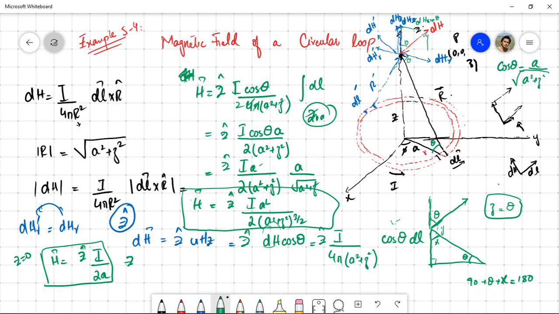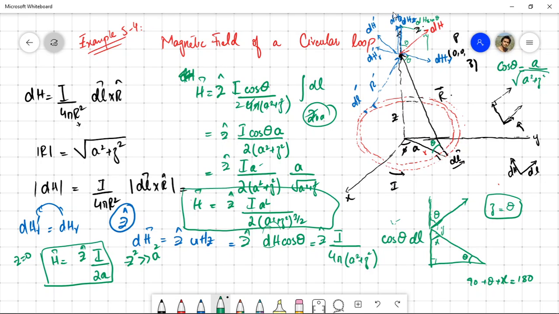And there is another special case in which z square is too much as compared to a square. This means that this observation point is too far away as compared to the radius of this ring. We are measuring the value of h from a large distance as compared to the radius of that ring.